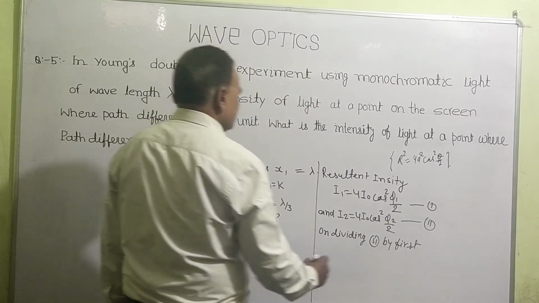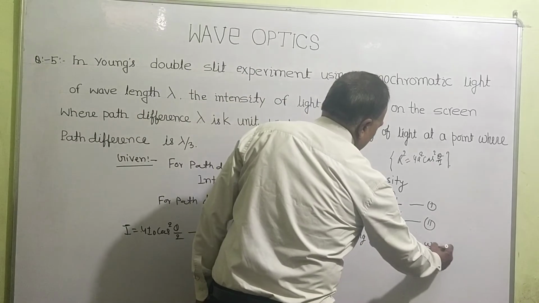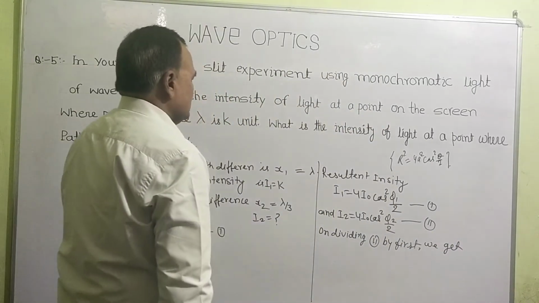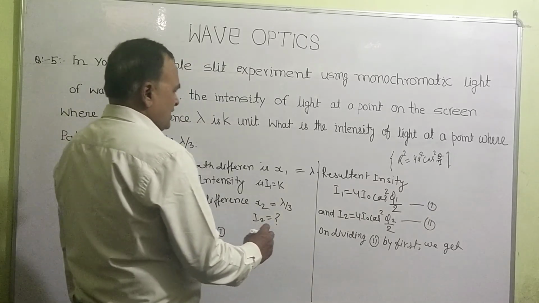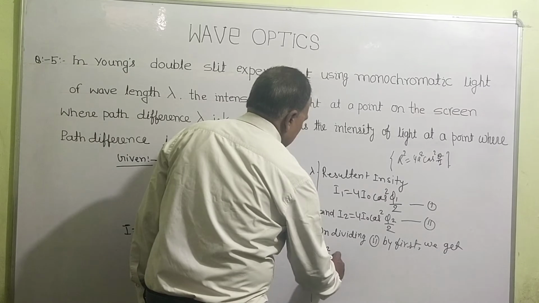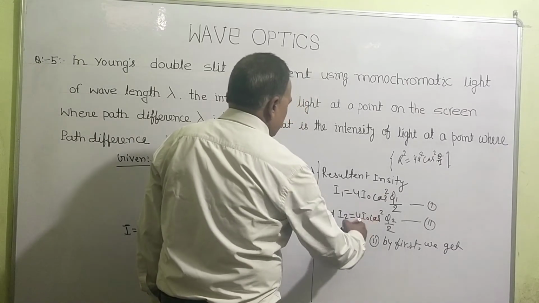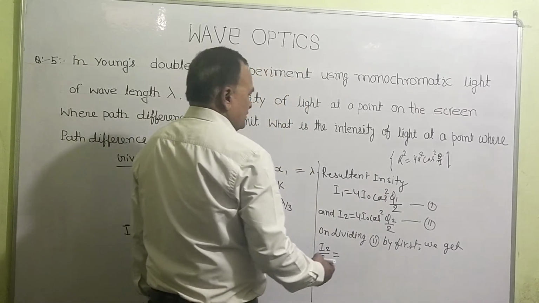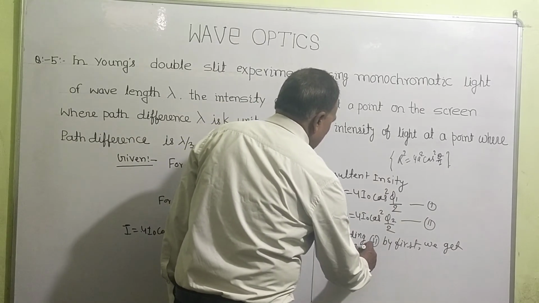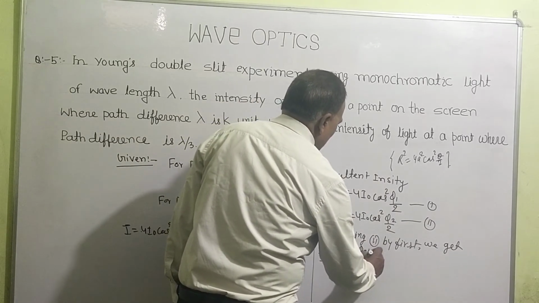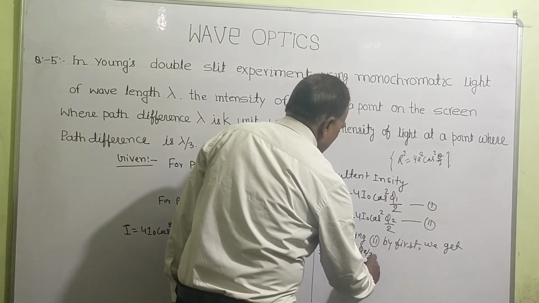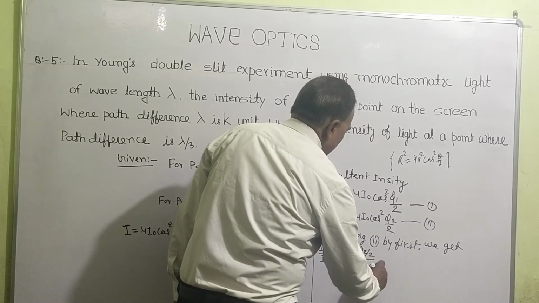we get I2 by I1 is equal to cos square phi 2 by 2 by cos square phi 1 by 2.